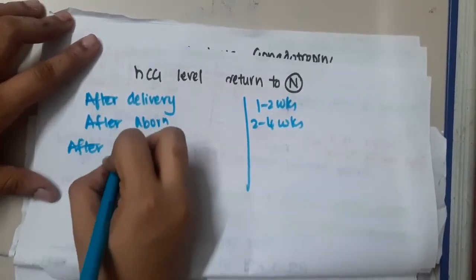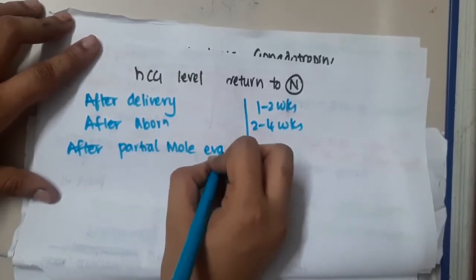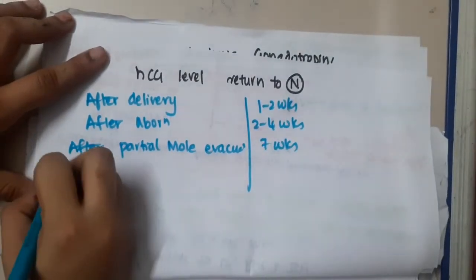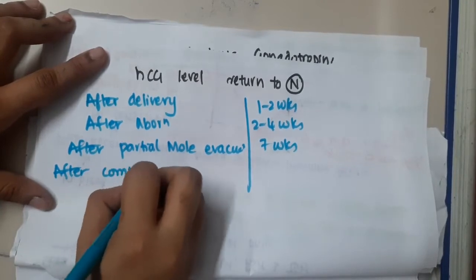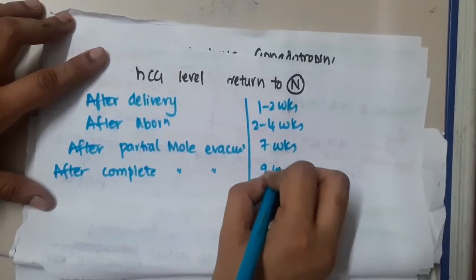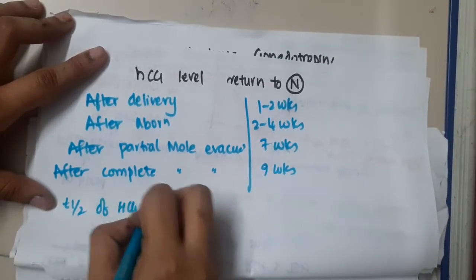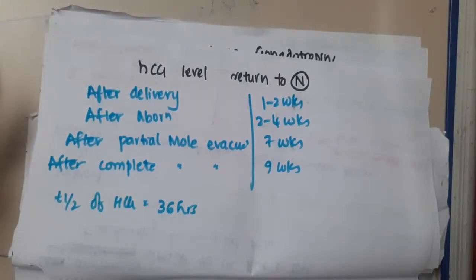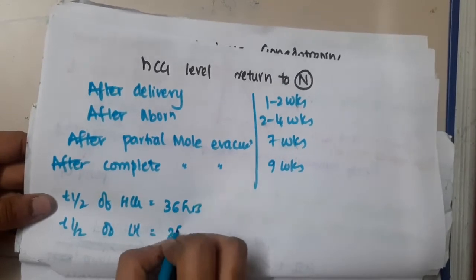After partial mole evacuation, it takes around 7 weeks to come to normal. After complete mole evacuation, it takes around 9 weeks. The half-life of HCG is around 36 hours. Then what about the half-life of LH? Half-life of LH is about 2 hours.